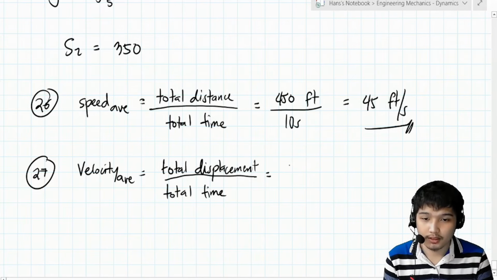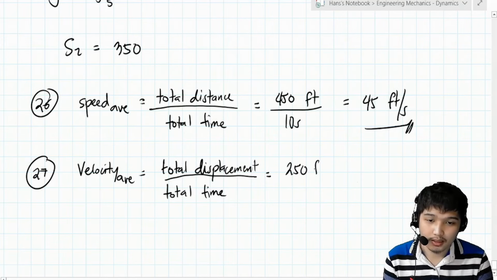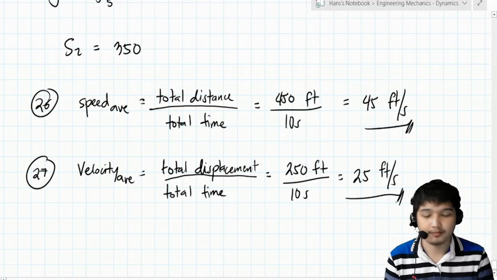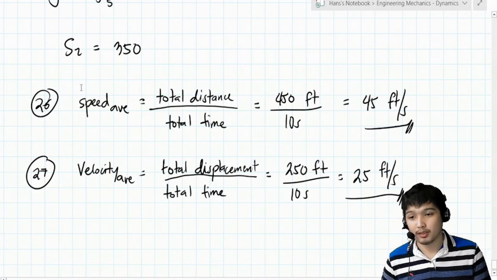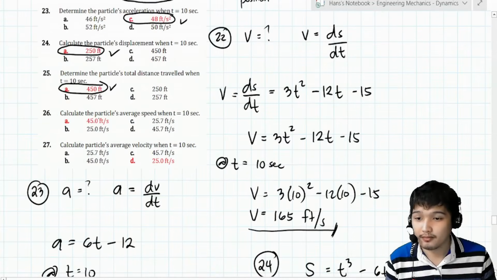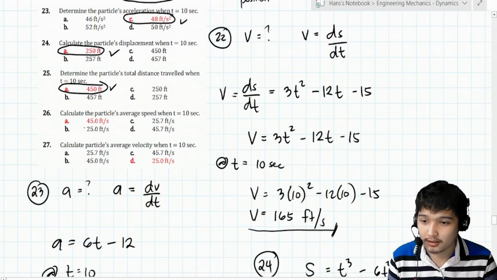So this one is ano naman, 250. Okay, over 10 seconds. So this one is 25 feet per second. Okay, di ba yun yung difference na between speed and velocity? So yung ginagamit, distance, ginagamit, displacement. Okay, so let us check if you are correct. So of course, tama yan, guys.